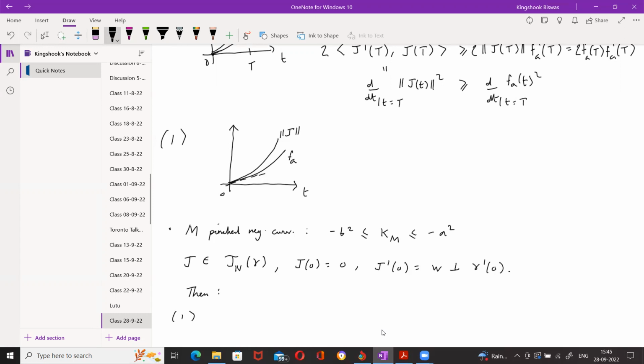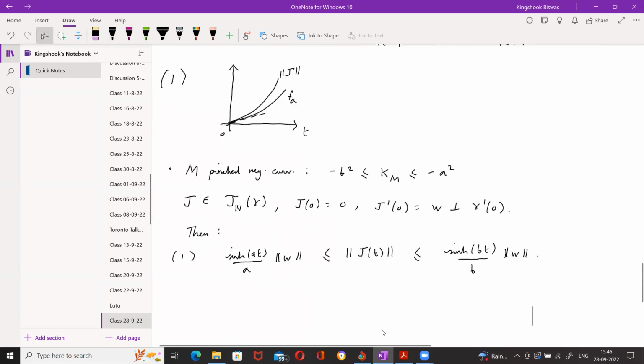Then we get that one, norm JT is greater than or equal to sinh AT by A norm W and less than or equal to sinh BT by B norm W. Okay.